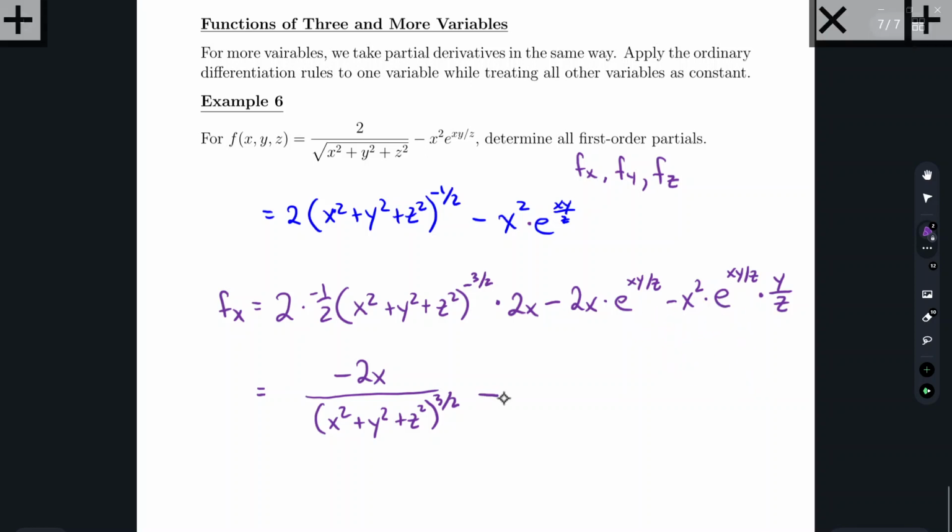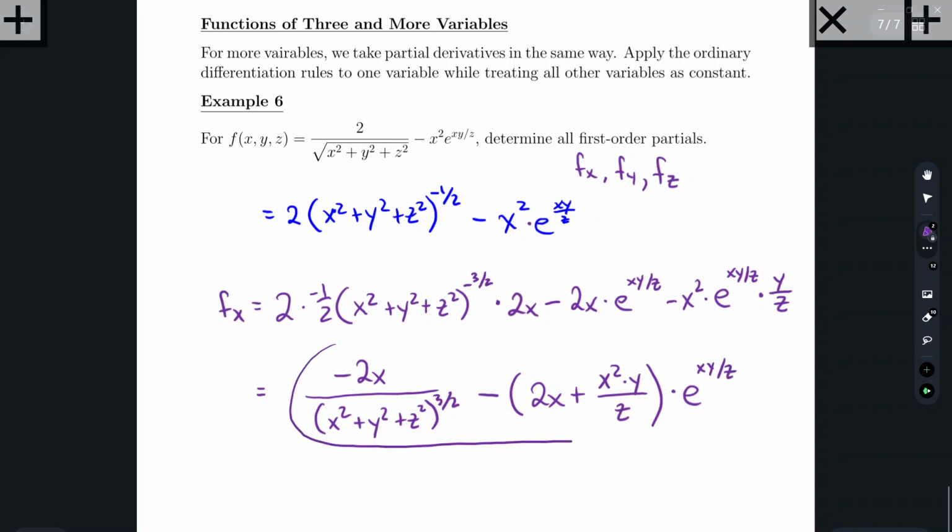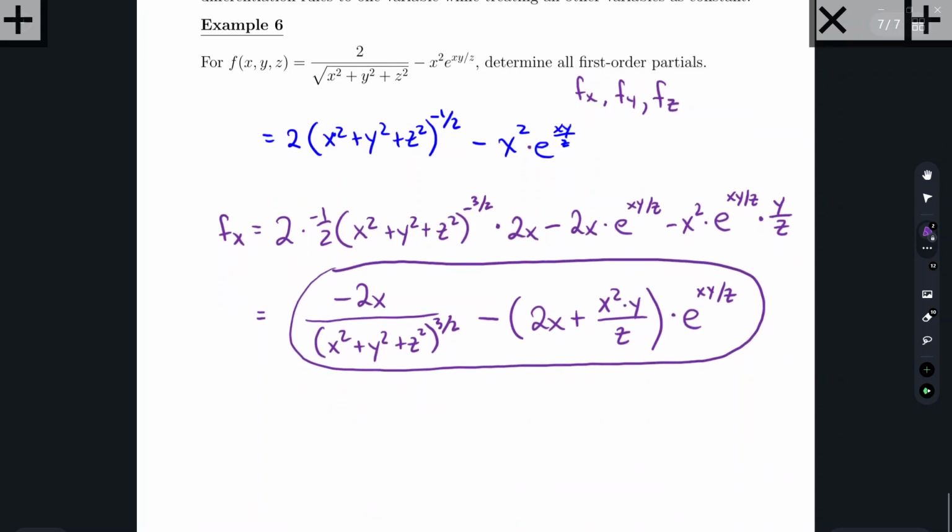What's left over is minus this 2x, and I'm pulling the minus out so that this becomes a plus, and then I have x squared times y over z. And again, I'm factoring out this exponential on the right side, so you get exponential xy over z. Okay, so that's the partial with respect to x.